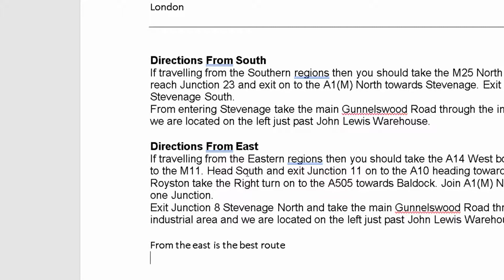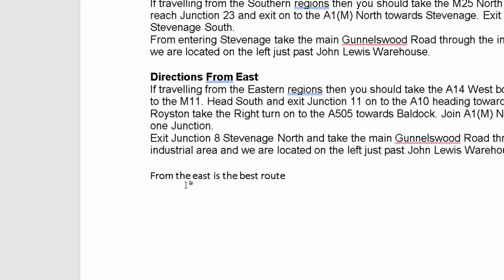To set these up, remember you highlight what it is you want to save as an AutoText. And this could be a photograph that you store. And we have one already done. It could be a table, maybe a pricing table. You highlight it, save it, and then you can call on it at any time.